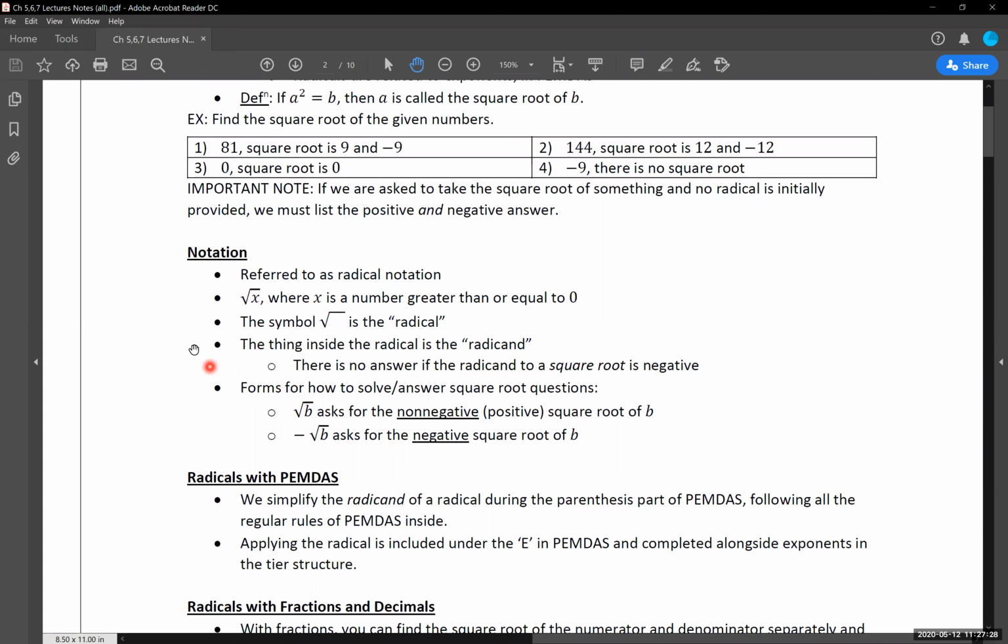I mentioned it earlier on with our number 4 here, but we are not going to have an answer if the radicand to a square root is negative. Never going to have a real answer to that in any way, shape, or form. It's impossible to find one. Okay? So if you ever see that showing up, I have the square root of a negative number, I can't have a real answer. It's impossible.